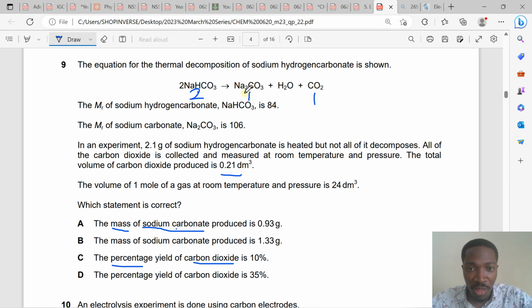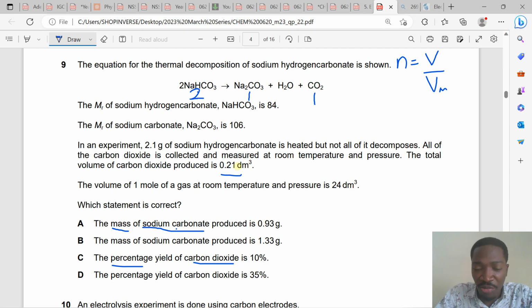Okay, good. So, how do you get the number of moles? You know the volume of carbon dioxide produced at room temperature and pressure is 0.21. And then we have the expression: number of moles is volume divided by molar volume. Take note that the molar volume of every gas at room temperature and pressure is 24 dm cube.